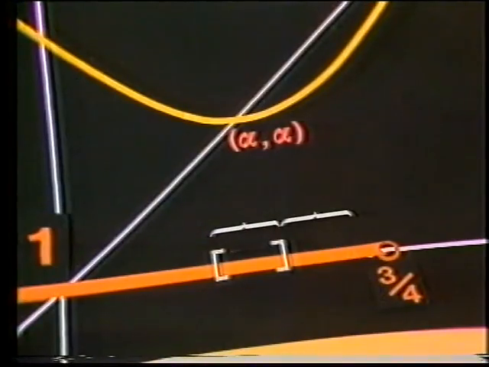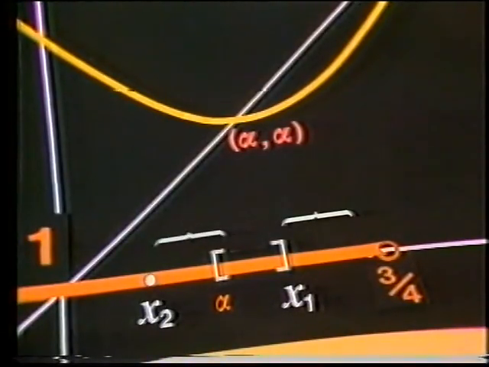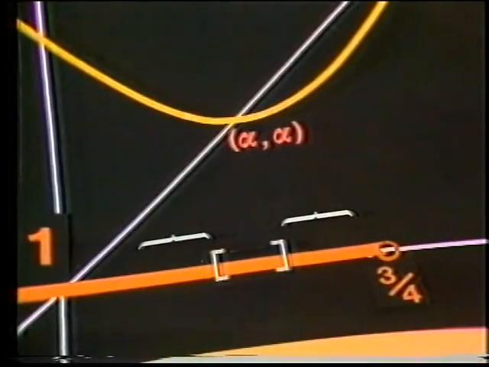On the other hand, alpha might be at this end, and we might start at the other. So we need the same amount of room on the other side. So we need a small interval containing alpha, which has an equal amount of elbow room on either side within the big interval. If we start inside an interval like that, we're bound to get convergence.